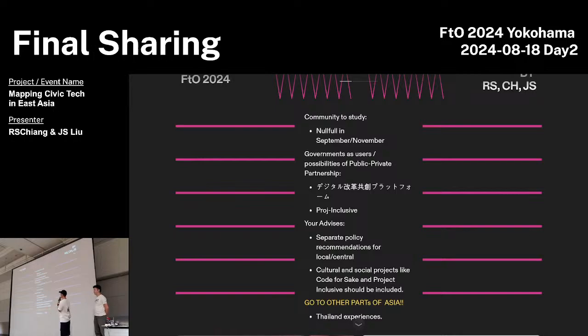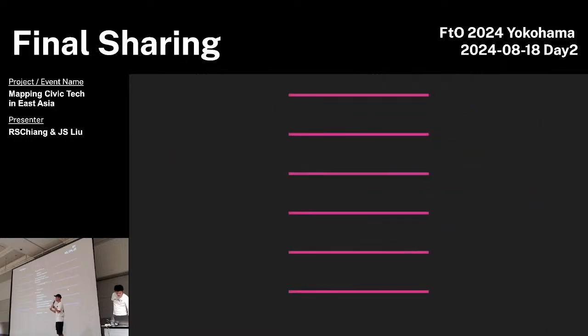These are very good examples for us to think about what kind of partnership they can have. We also got very good advice that we should have different policy recommendations for local governments as well as central governments, and we should include cultural and social projects in our research. So we might reach out to you very soon.